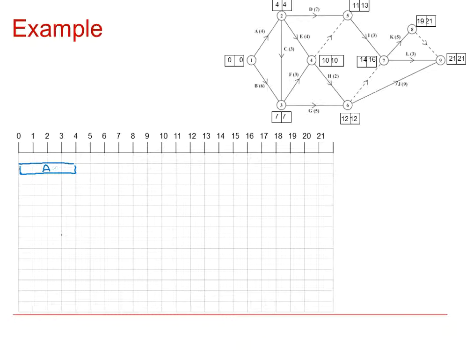C was critical and went from 4 to 7. G was critical and went from 7 to 12. So that's G. But also F and H were critical and went from 7 to 12.